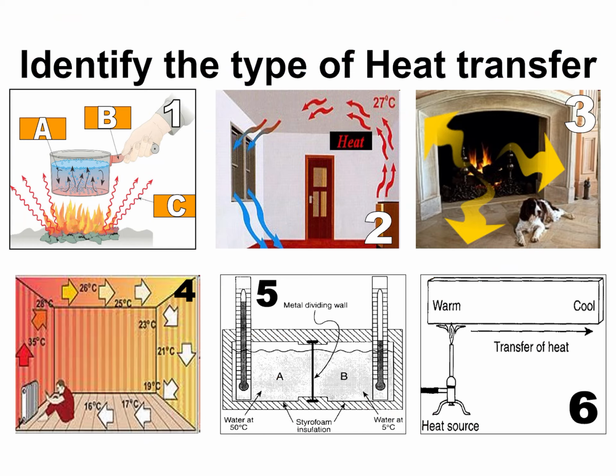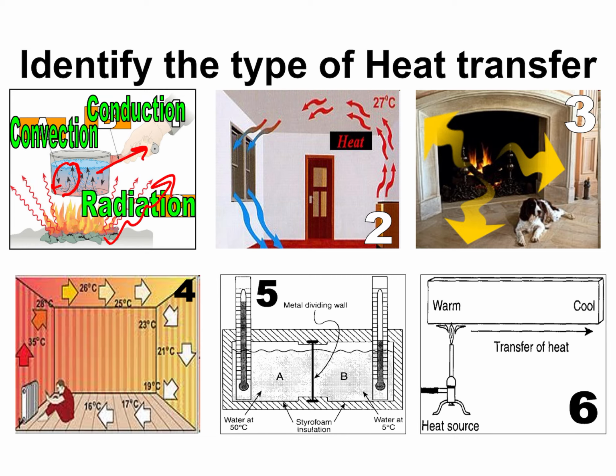All right, so here we're just going to go through these real quick, and then I'll let you handle the rest. So in this diagram in number 1, let's start with A. You got your circles, right? That's convection. Through a solid object is conduction. Open space, radiation. Over here, number 2, circle, that's your convection.